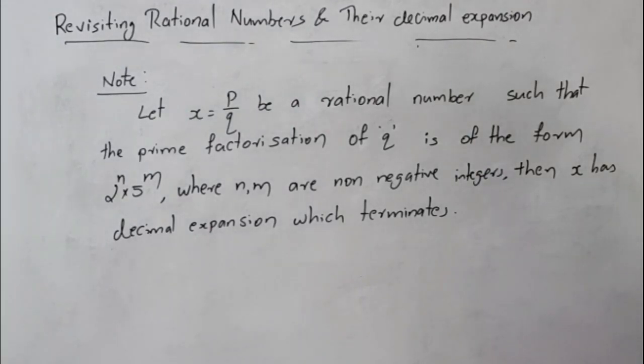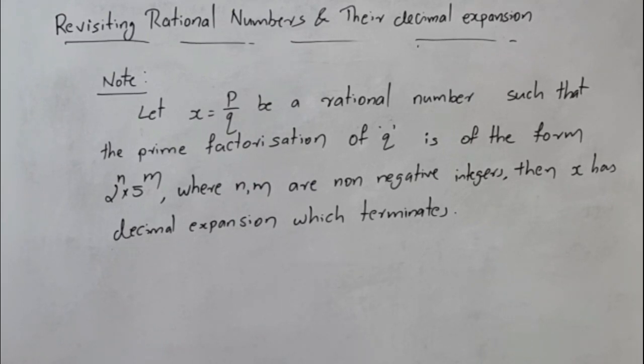That means p by q is a rational number, and the prime factorization of denominator q is in the form of 2 raised to n into 5 raised to m. Then what is the decimal form of x? The decimal form of x is terminating decimal form. That's the idea we discussed.